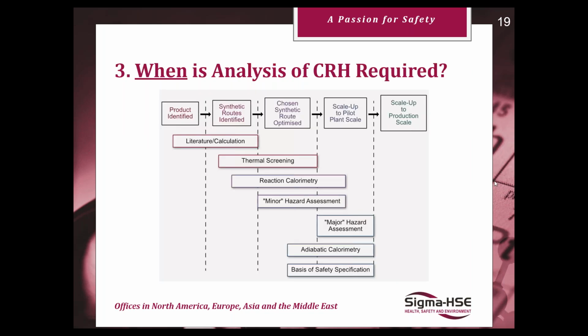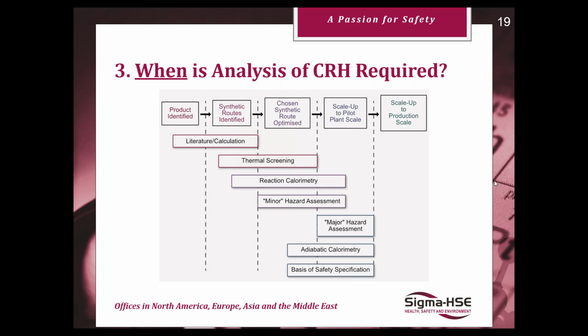So as we've said, when is analysis of CRH requirement? This kind of thermal stability and adiabatic calorimetry testing fits in well in the later stages of R&D, when you have a material you want to make, and you might potentially have some synthetic routes identified.